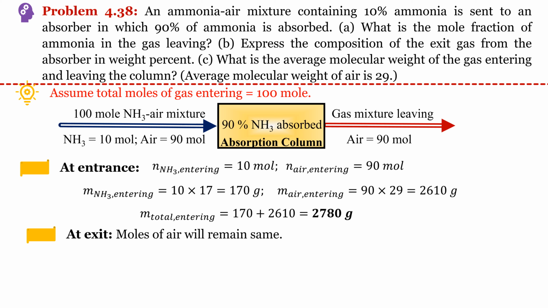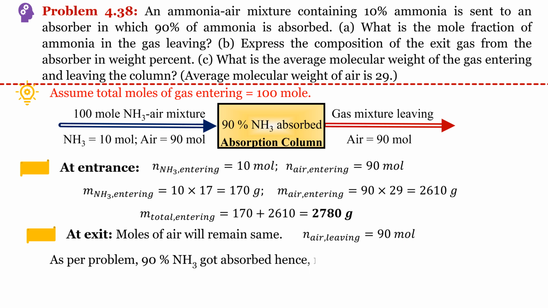Now we can write the condition after leaving the absorption column. Moles of air will remain same. So moles of air leaving will be equal to 90 moles. So as per problem, 90% NH3 got absorbed. So remaining 10% will come out in the leaving gas mixture.